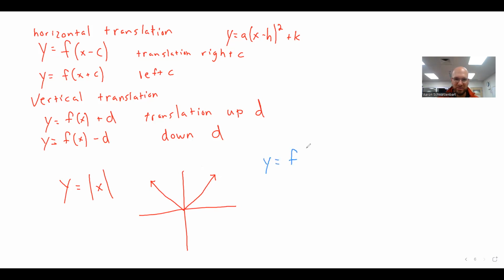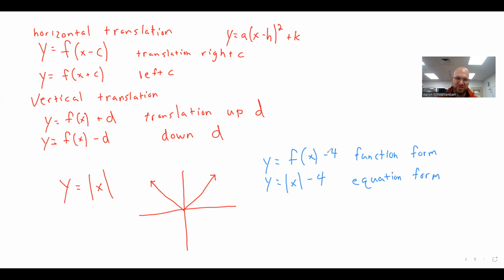In function form, I can write it like this, which translates to equation form like that. So this is called function form. I'm not going to make a huge deal out of this, but this is equation form. Most of the things we do will be in equation form.